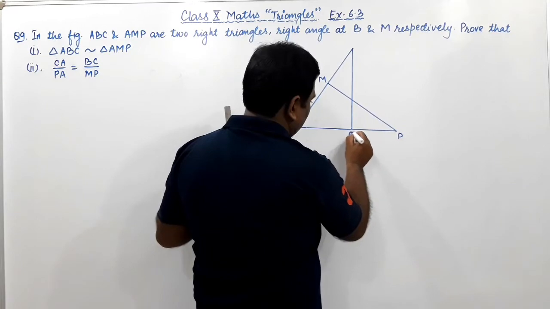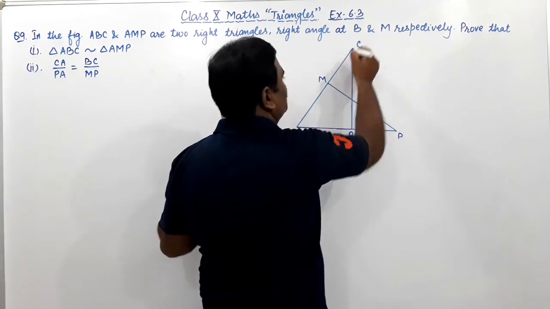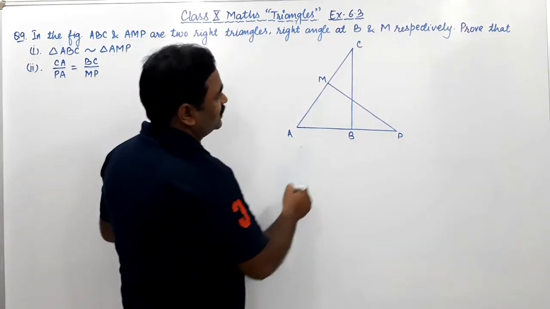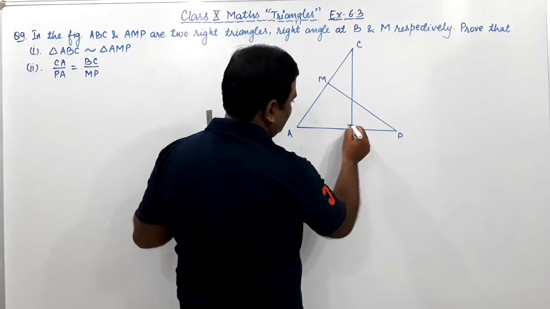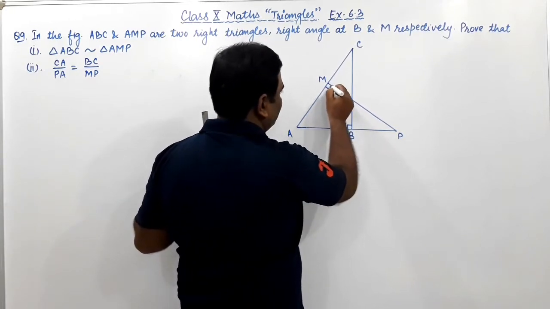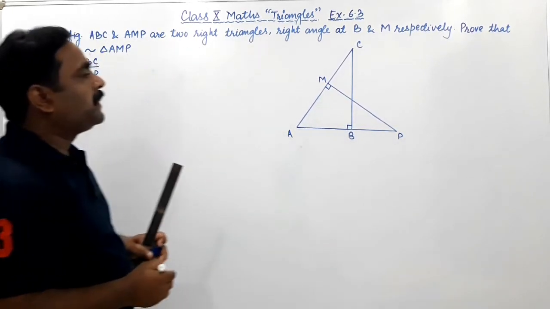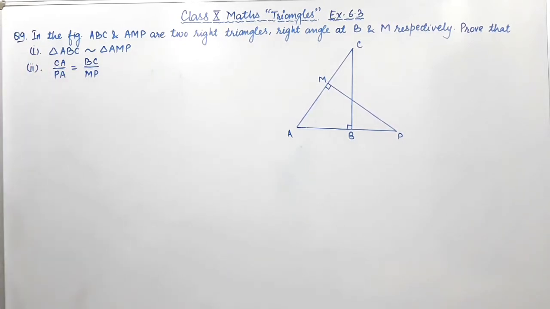ABC, B is right angle, C is this point. Clear? So this is a right angle triangle and this is a right angle triangle. Okay, we are going to prove that these two triangles are similar, right?